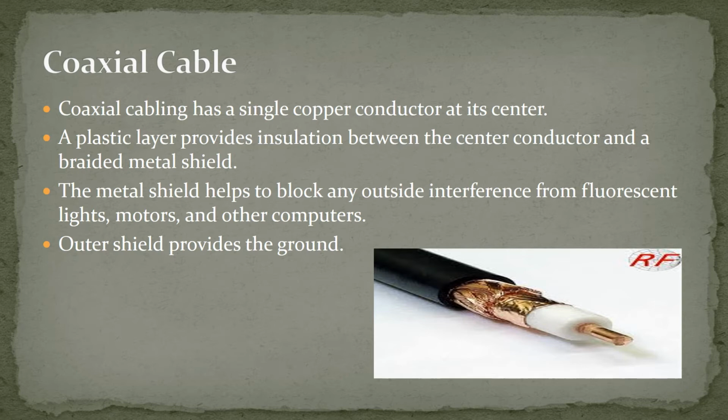Above the plastic insulation we have a metal shield to block any interference like radio or electrical interference, from some electrical equipment or some sparkings. The outermost shield provides the earthing or the ground to the cable.